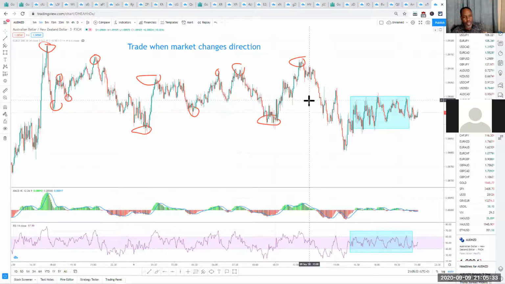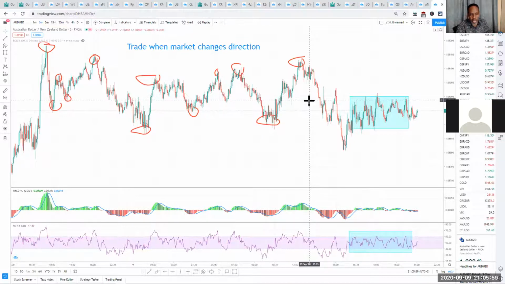But the way I use it, and the way I have learned from the platform or from other people, RSI can help you to identify the phases of the market, whether it is in a trending phase, a consolidation phase, or an expansion phase.